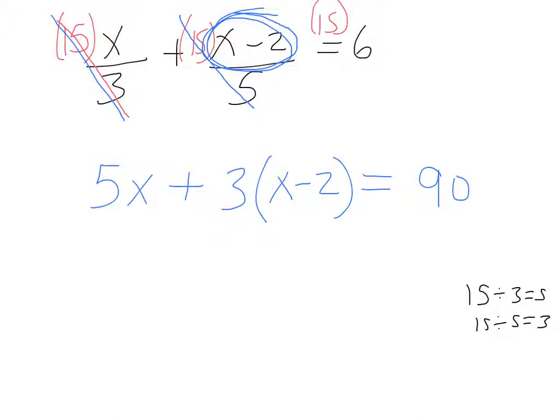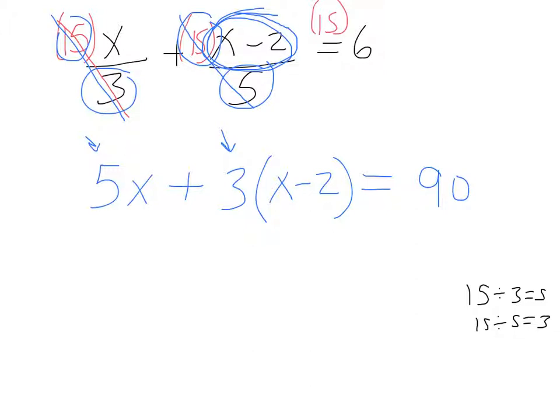So if you can get to this point, you should know how to do this, right? I got the 5 from doing 15 divided by 3. I got this 3 from doing 15 divided by 5. I'm just reducing to get rid of fractions. And finally, I got the 90 by doing 15 times 6.